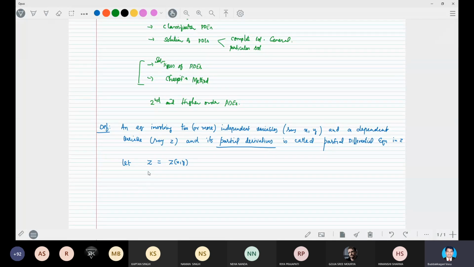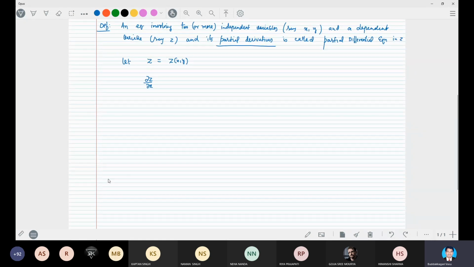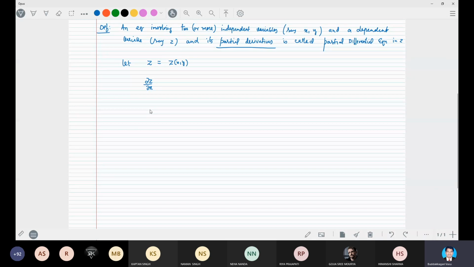The partial derivatives of z are dou z by dou x, dou z by dou y, dou square z by dou x square, dou square z by dou y square, dou square z by dou x dou y.